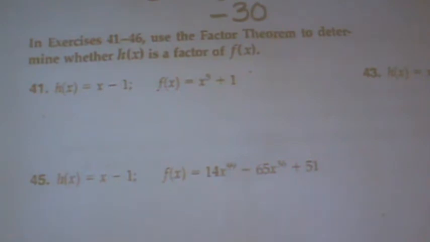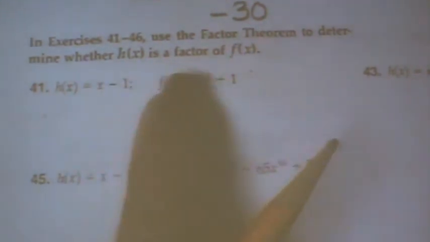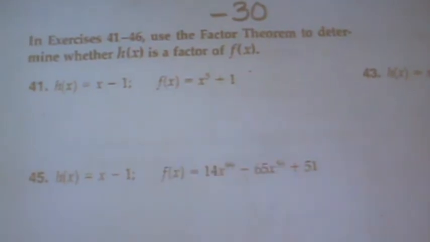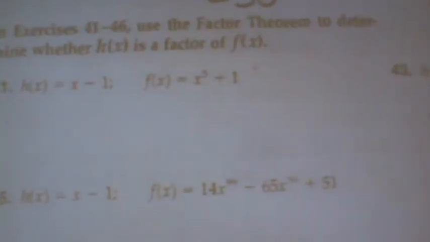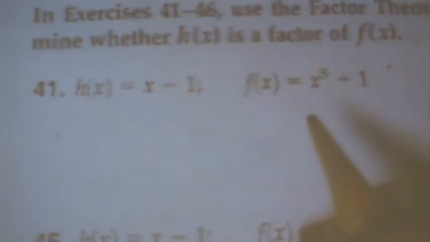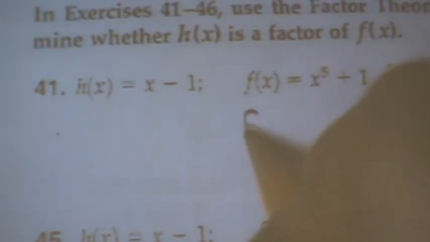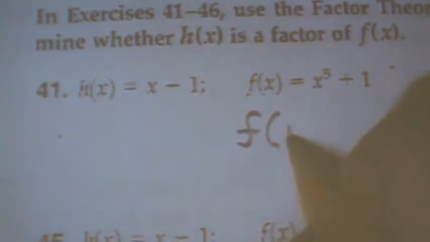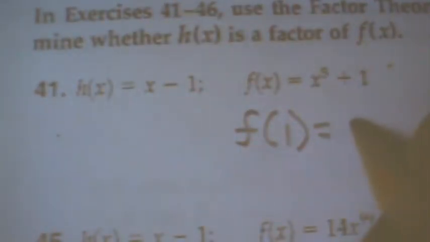It says use the factor theorem or the remainder theorem to determine whether h of x is a factor of f of x. So what are they asking you now? They're asking you, does this go into this evenly? So all you have to do is evaluate this for f of 1.